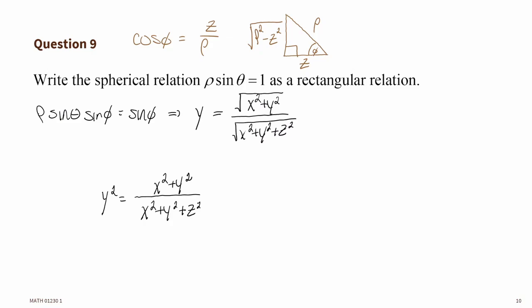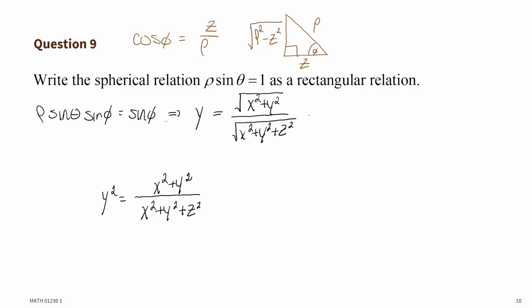How'd you get from the first part to the y equals? So this is y. Right, that's one of the relations. y equals rho sine theta sine phi. All the work up here is how I found what sine of phi was. Right, it's this square root, rho squared minus z squared over rho, and I just simplified it in terms of x, y, and z.